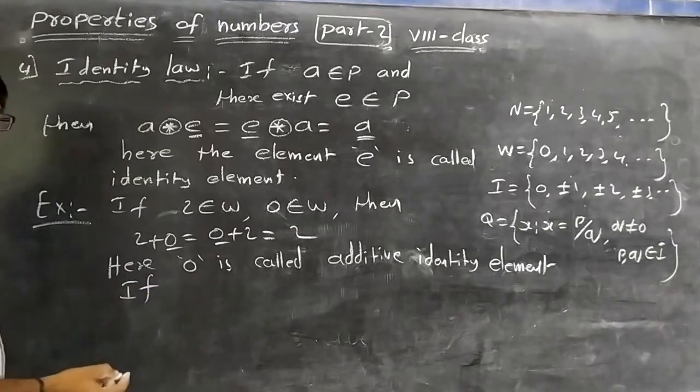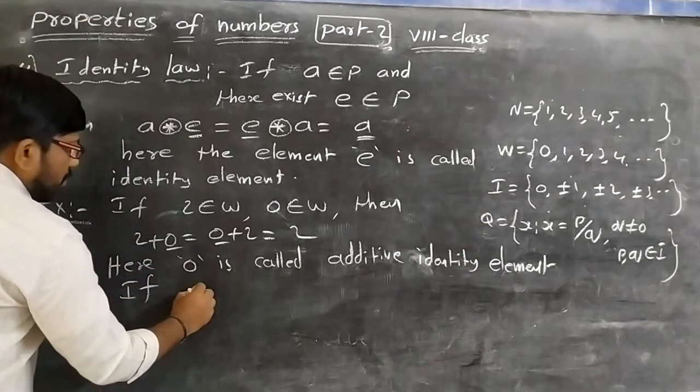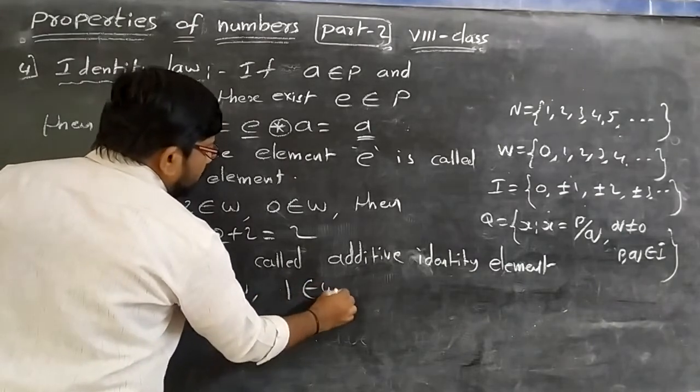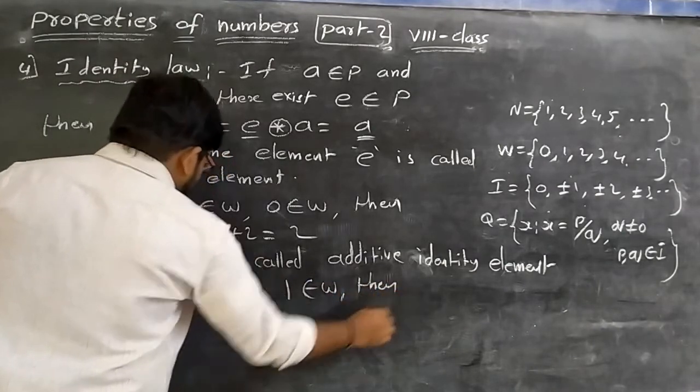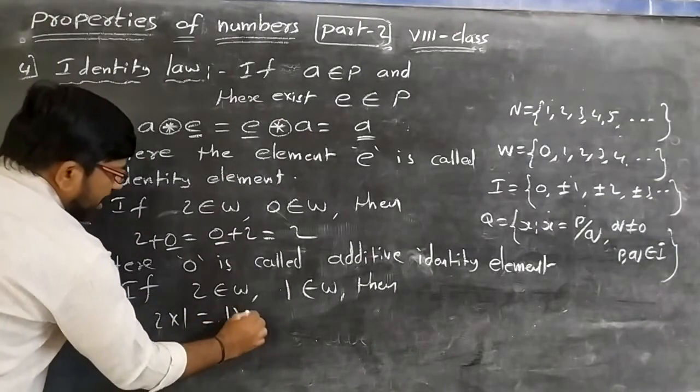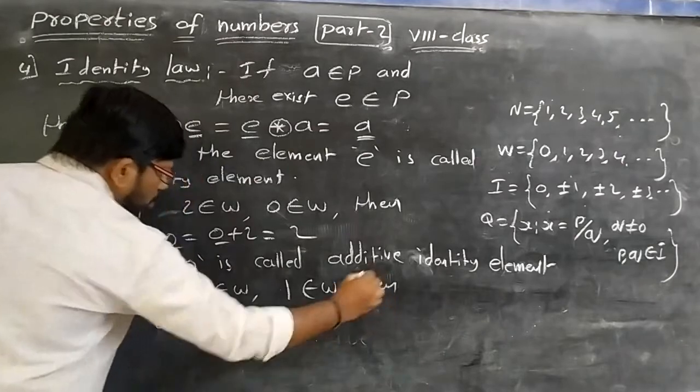Now in multiplication, 2 belongs to W and there exists 1 also belonging to W. Then in multiplication, 2 into 1 is equal to 1 into 2, which is equal to 2 only.